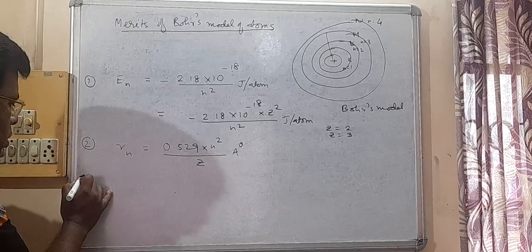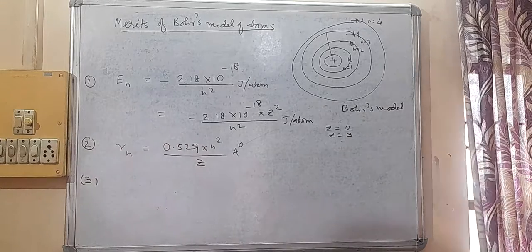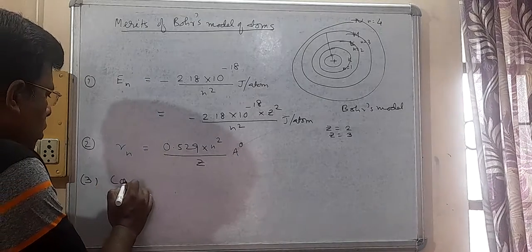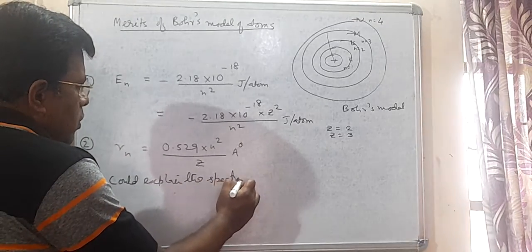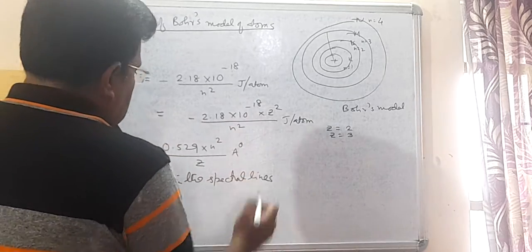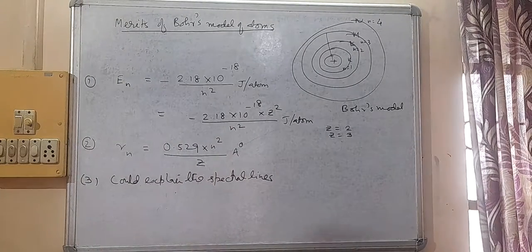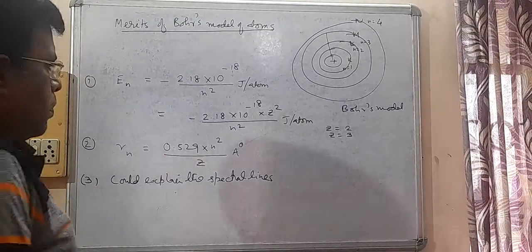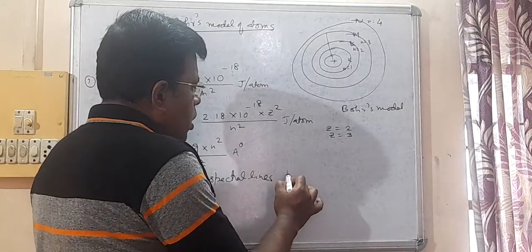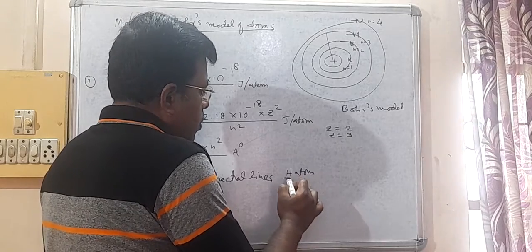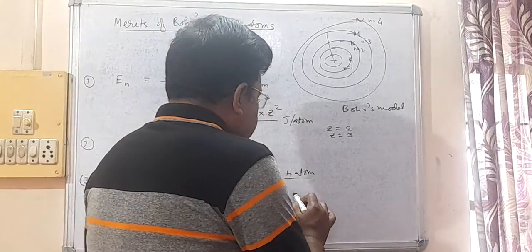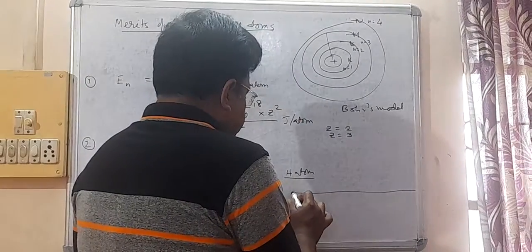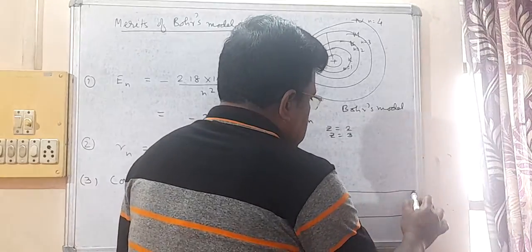Another very important thing is that Bohr's model of atom could explain the spectral lines. Now, let me remind you, in case of hydrogen atom, we get emission spectrum like this.